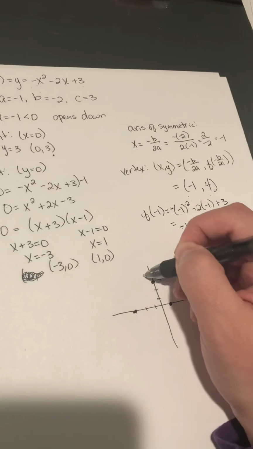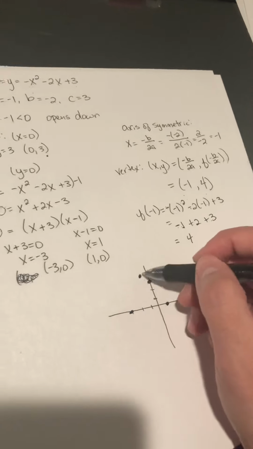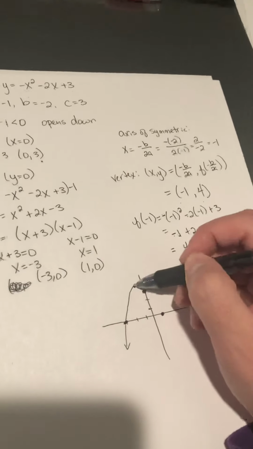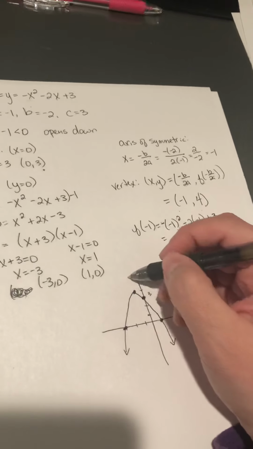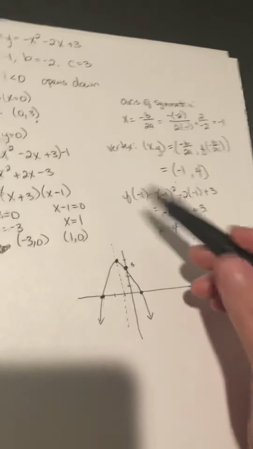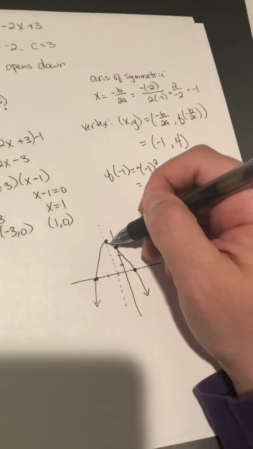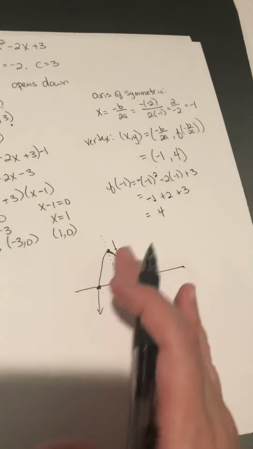So negative 1, 4. And the axis of symmetry, so let me connect these like with the U-shape as much as I can. Like I said, I'm not very good at drawing. So if I drew this axis of symmetry in and I folded it, which mine doesn't, I didn't hit the angle right, but anyways, the idea is that if I fold it on this line, this side will match that side.